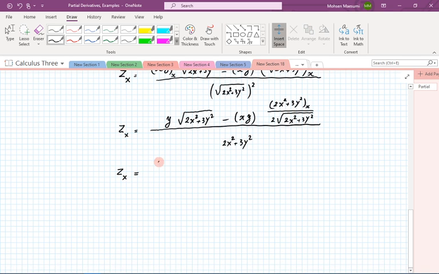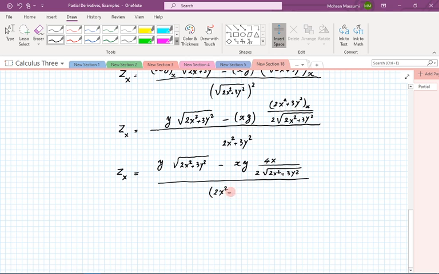This is y times this radical, minus xy, that stays there. Derivative of this radicand with respect to x, well, that's going to be the derivative of 2x squared. Derivative of 3y squared is going to be 0. The derivative is going to be just 4x. So I have 4x over 2 radical 2x squared plus 3y squared, divided by 2x squared plus 3y squared.